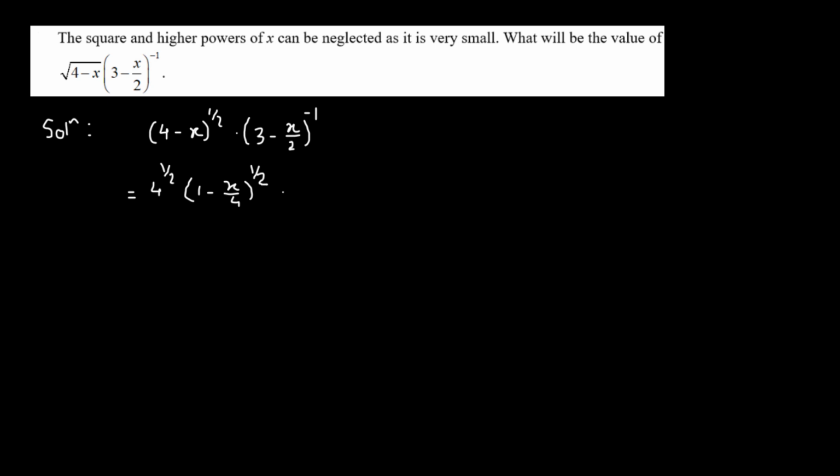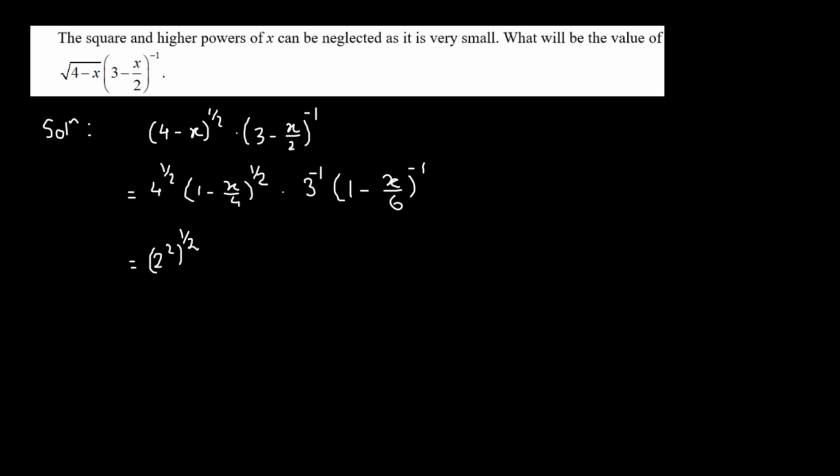Then from the second expression, we factor out 3. So we get 3 raised to the power -1 times 1 minus x over 6 raised to the power of -1. Now 4 raised to the power half can be rewritten as 2 squared raised to the power of half.